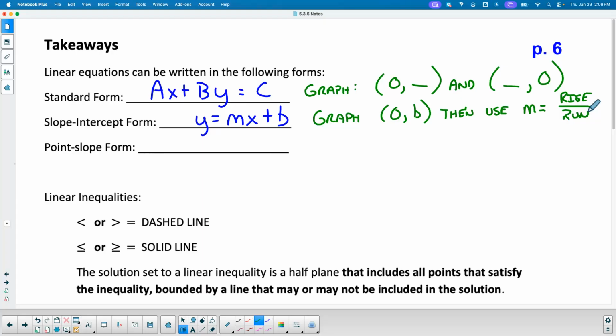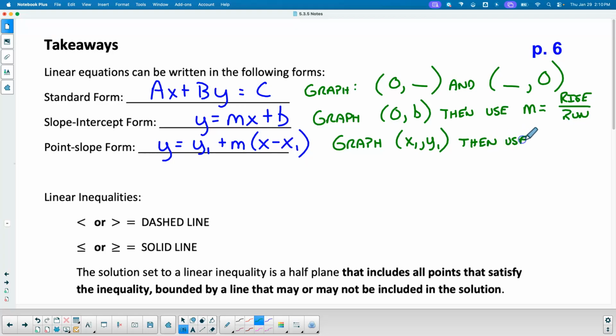Point-slope form is that goofy one, y equals y sub 1 plus m times the quantity x minus x sub 1, where you're going to graph the point x sub 1 comma y sub 1.